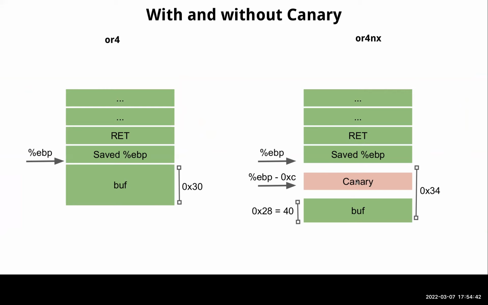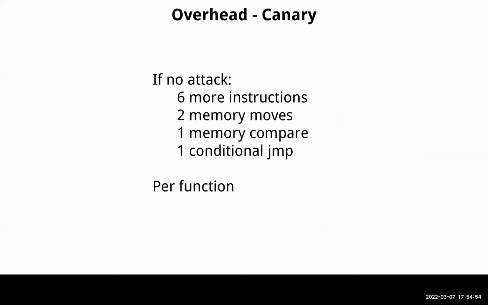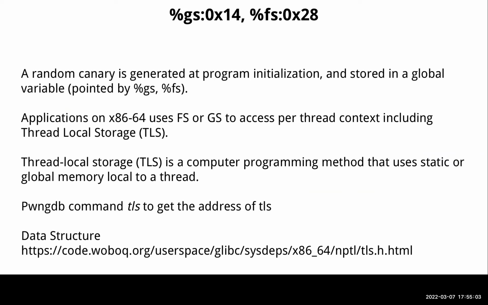You can insert it maybe here, so you do not protect the saved EBP, only the return address. The overhead you can see here is almost the same as stack cookies. That's why the performance overhead is around 5-6%.